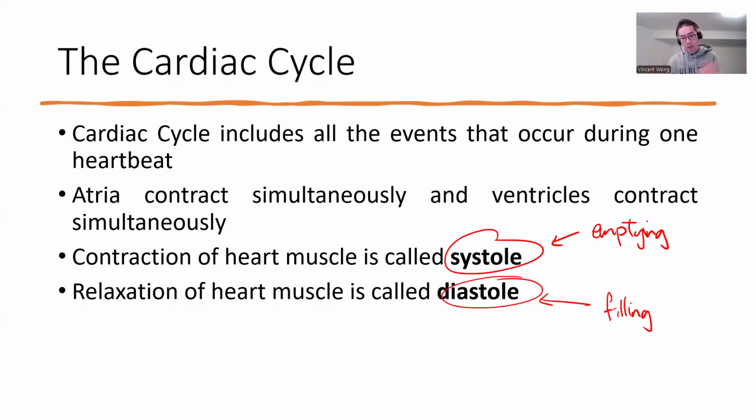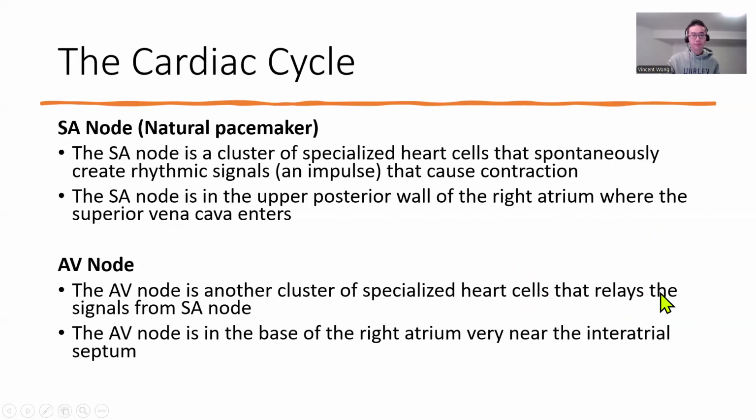When it's time for the ventricles to undergo systole, they empty into either the aorta on the left side or the pulmonary arteries on the right side. And at the same time, the two atria on top are going to be filling with blood. Okay, so I'm going to write those down for you later on. But basically, that's what these words mean.